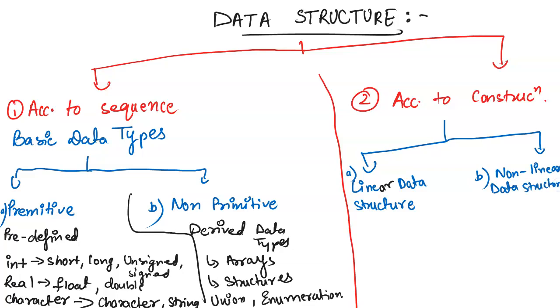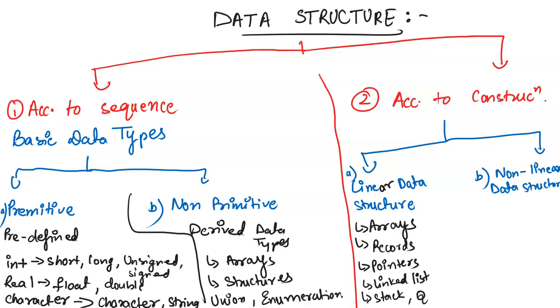The linear data structure is divided into six parts: arrays, records, pointers, linked list, stacks, and the last one, queue.